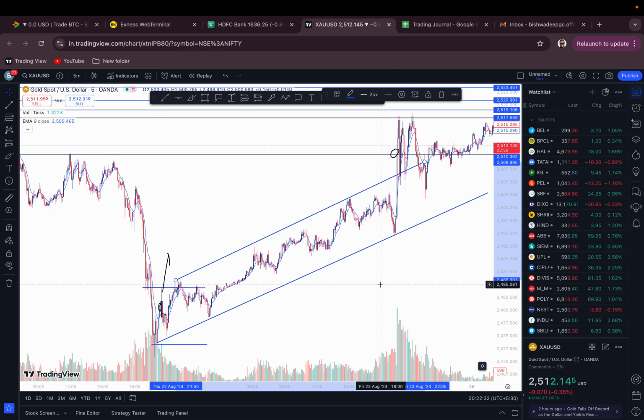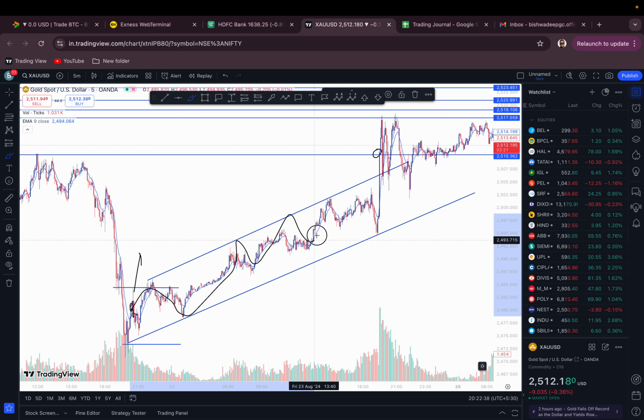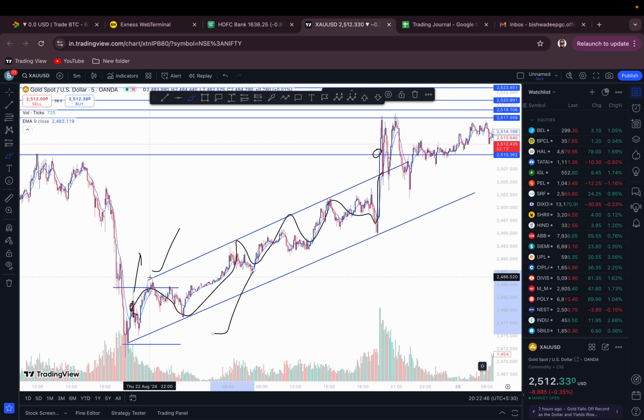The market is moving like a wave right now. Whenever you draw these trend lines, this becomes your resistance and this becomes your support. So it is oscillating between the resistance and the support line, and you can say this is the zone that the market is moving in, right?